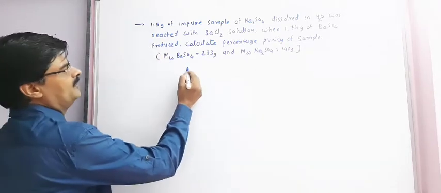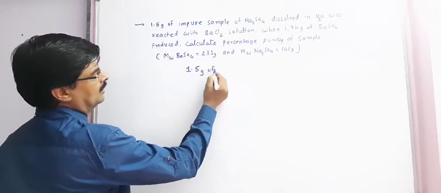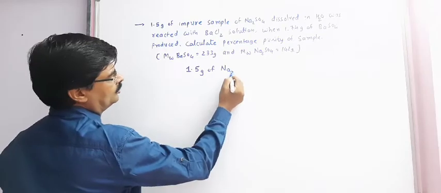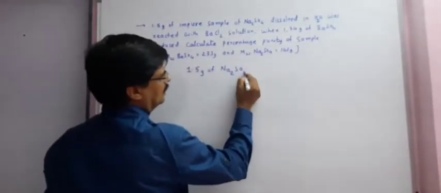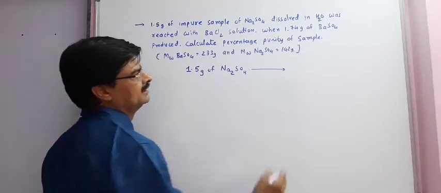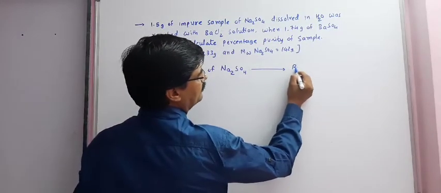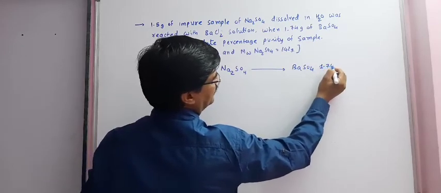So first of all we can say that 1.5 gram of Na2SO4 sodium sulfate on treatment with barium chloride gives barium sulfate 1.74 gram.